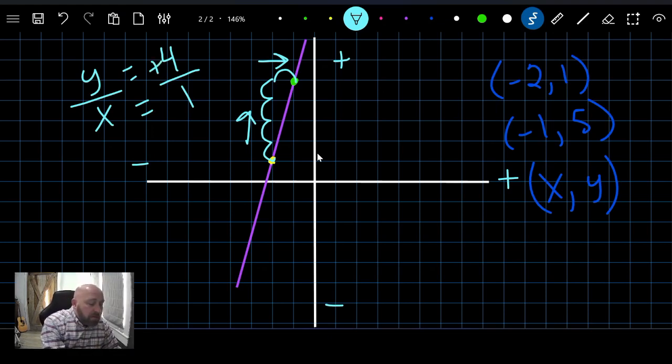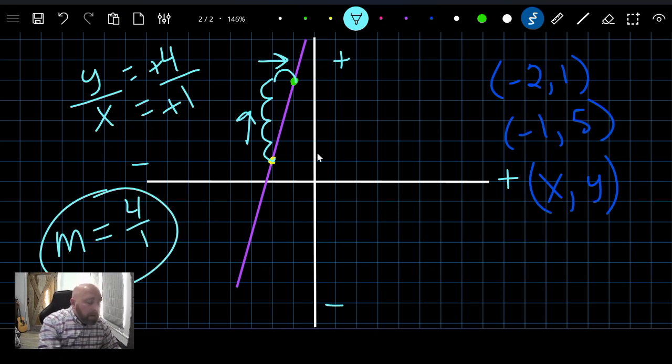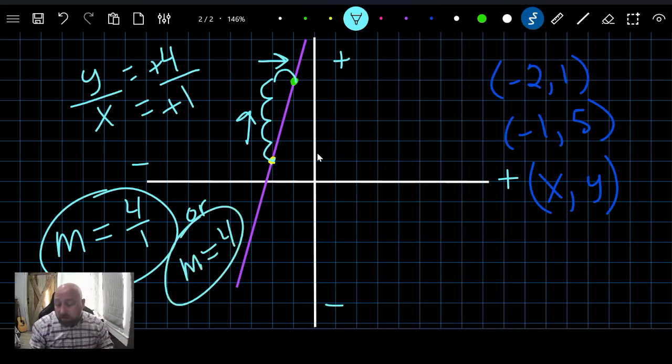So this is a positive and this is a positive, so we have a positive slope, 4 over 1. So we would write m equals 4 over 1. Now, you could also write m equals 4, because the fraction 4 over 1 reduces to just 4. Both of those would be correct answers.